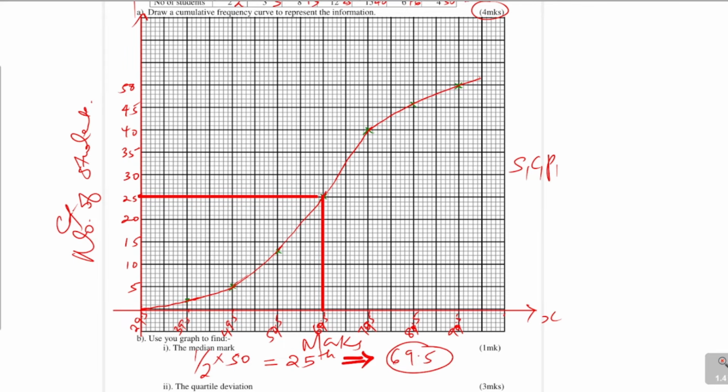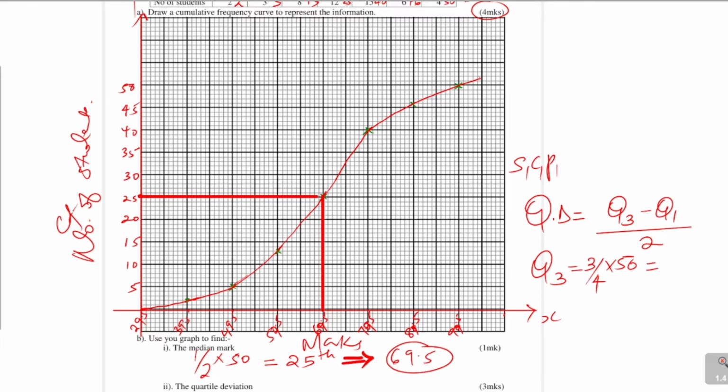Then we come to the other one, the quartile deviation. Quartile deviation is given by the average of the quartiles, Q3 subtract Q1 divided by 2, also known as the semi-interquartile range. So we have to identify Q3, the upper quartile. The position of Q3 is 3/4 times the total frequency.